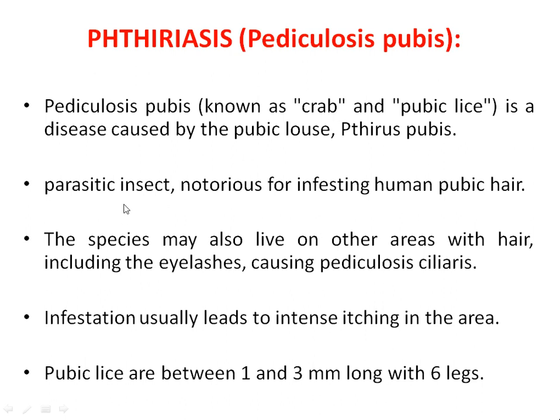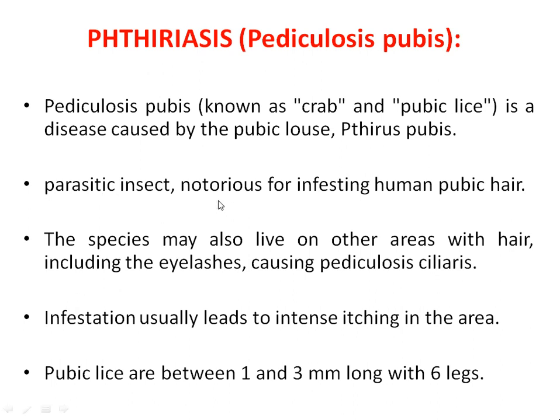It is a parasitic insect. It acts as an ectoparasite living on the body of human beings. It is present near the pubic region, and not only the pubic region, it is present throughout the body and affects different parts of the body.